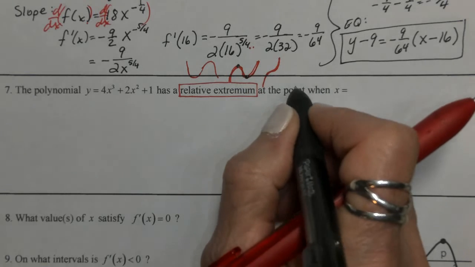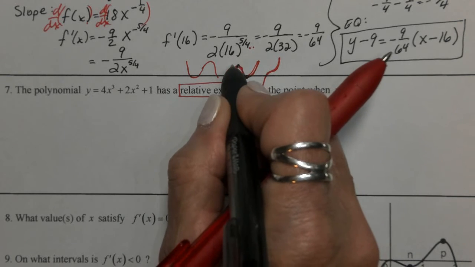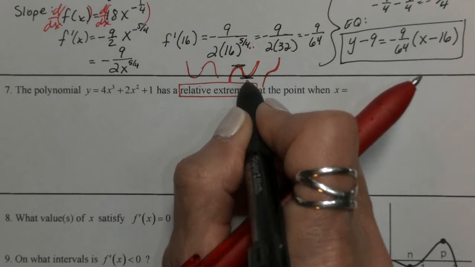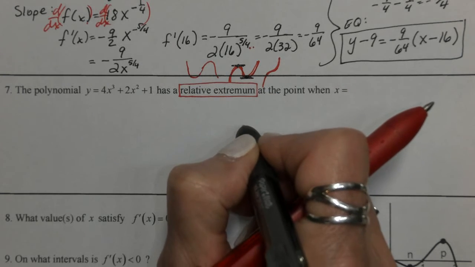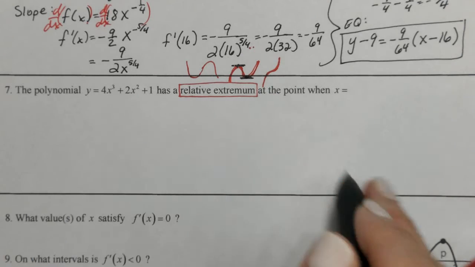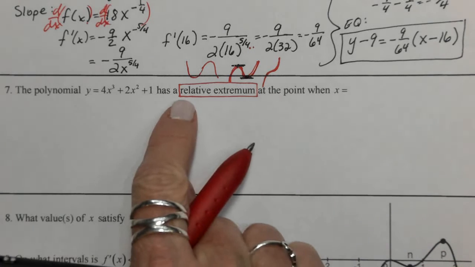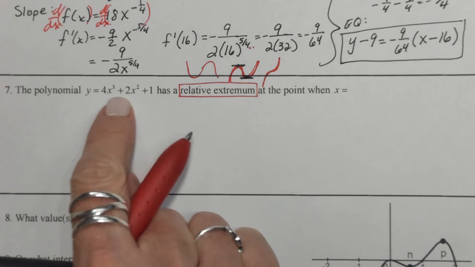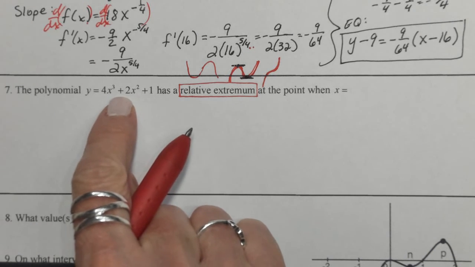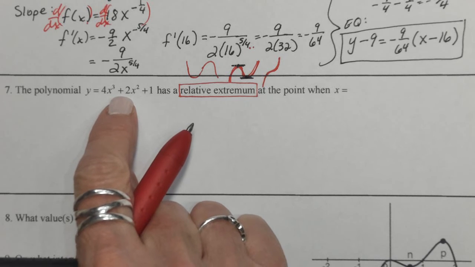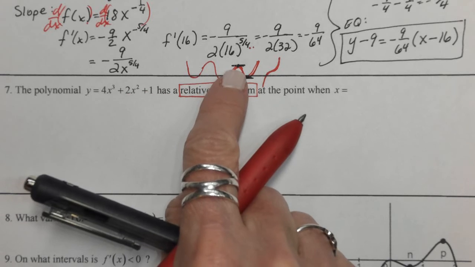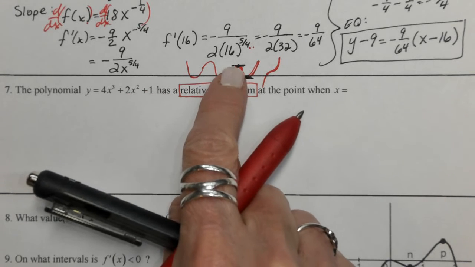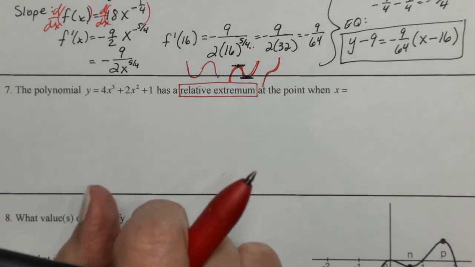At both of those places, the slope of the tangent line is 0. So if we are asked to find the x coordinates of the relative min and max of this polynomial, we can find the derivative and set it equal to 0, because the slope at each of these places is 0.